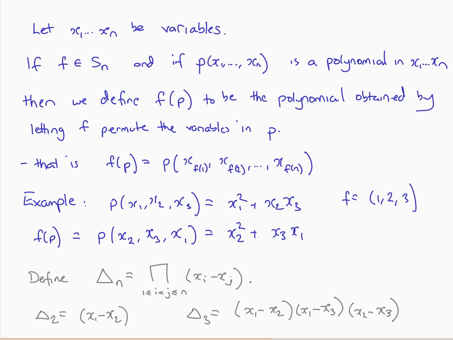Those are the only factors there. So these are some polynomials in the variables x1 up to xn. So let's finally start thinking about what our permutations do to these delta things. Let's notice first of all that if you apply the identity to delta n, you get delta n again. The identity doesn't do anything, of course.